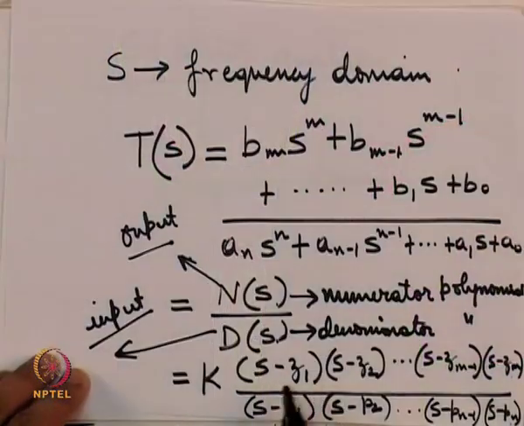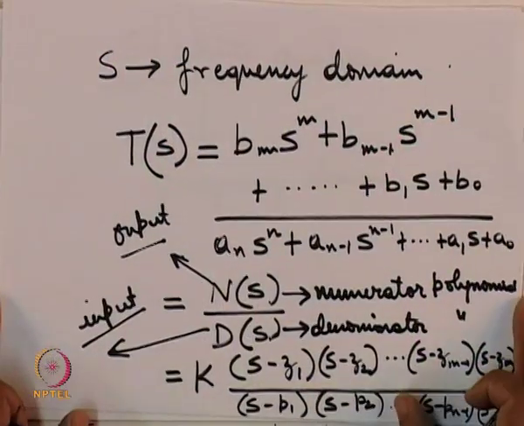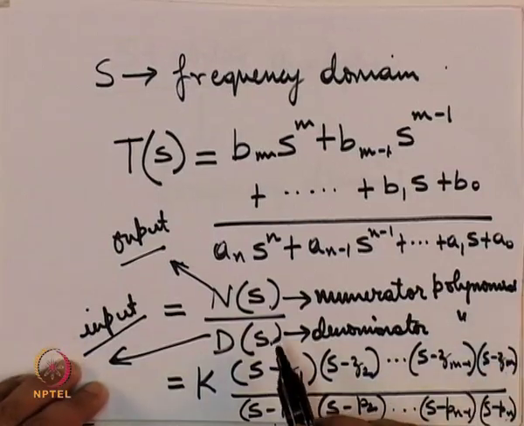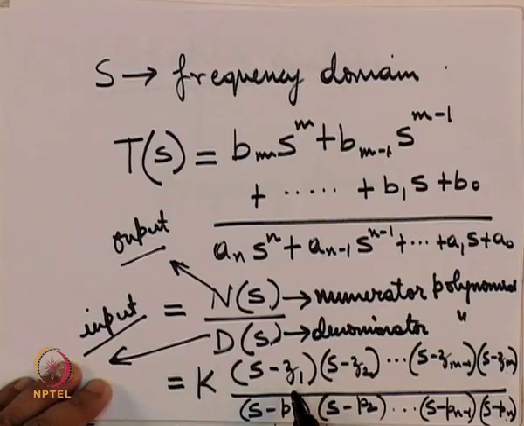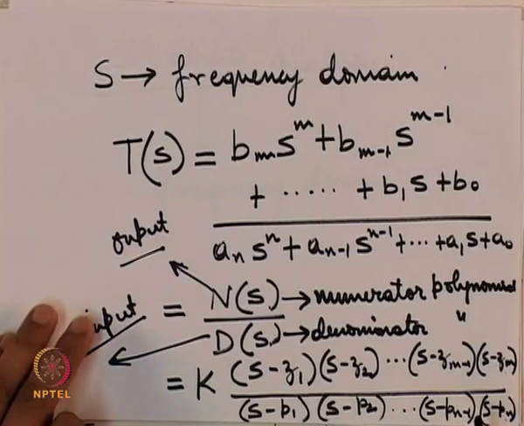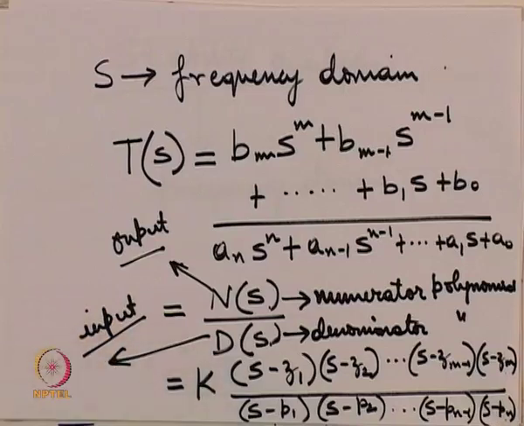Now, coming back to that equation for the transfer function which I mentioned earlier. We see that our numerator and denominator can be factorized, the N(s) and D(s), which represent the numerator and denominator polynomials. They can be factored like this: N(s) is factored as (s minus z1)(s minus z2), and so on. D(s) is factored as (s minus p1)(s minus p2), up to (s minus pn), and so on.